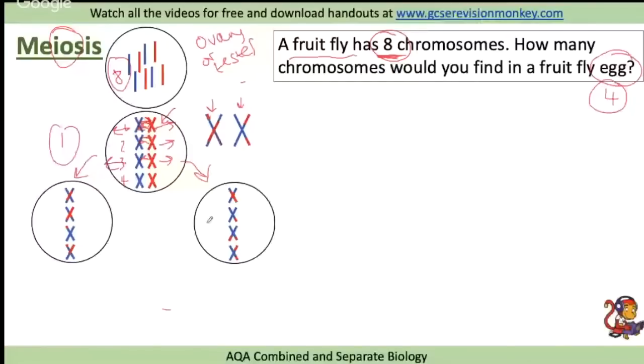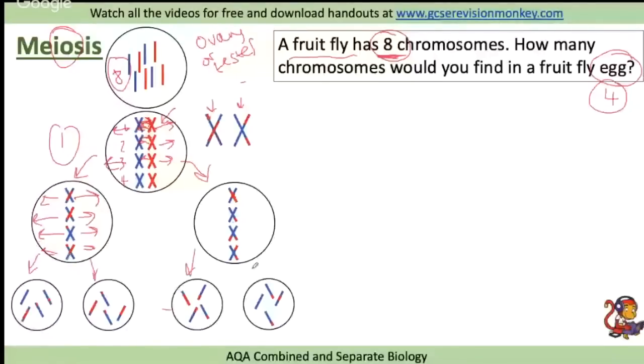Then we have a second division whereby these chromosomes pull apart, pull to the edges of the cell like so, and you end up with 4 gametes at the end of it. So you can see here we started with 8 at the top and now we've got 4 at the bottom. They are all different, so they contain variation here.